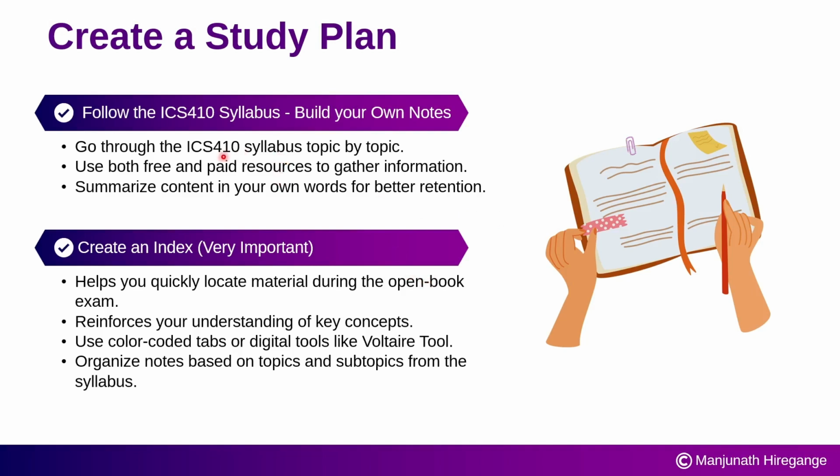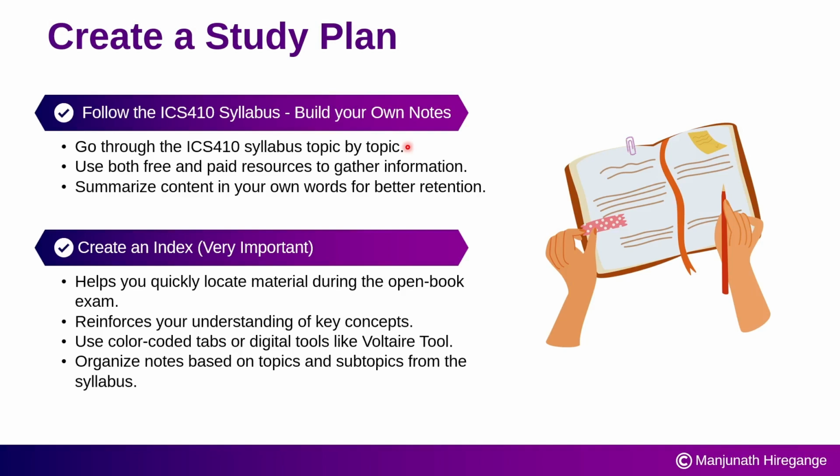First and foremost, start by following the ICS 410 syllabus, it's your roadmap to success, believe me. Go through the syllabus topic by topic and build your own notes as you study. And I have shown you where to capture from different science websites, podcasts, etc. Use both free and paid resources, whether it's blogs or white papers, books or practice tests.